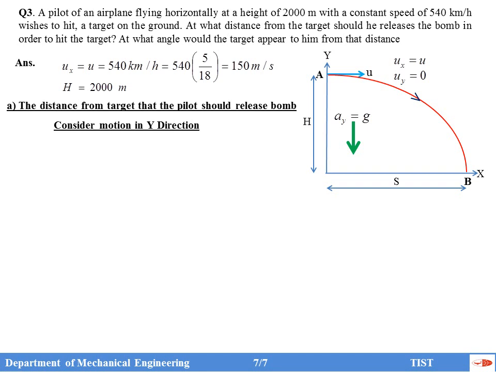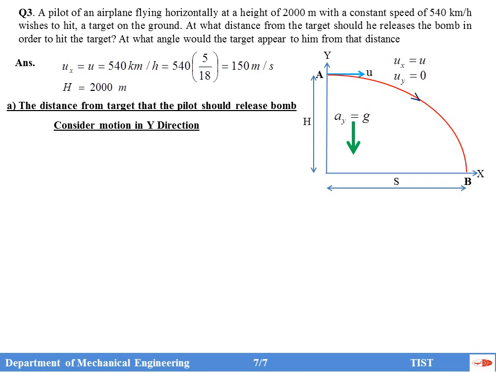If you consider the motion in y direction, why do you need to consider the motion in y direction here? Why can't you use the motion in x direction and find out s? If you consider the motion in x direction, x equal to vx into t, right? vx is always constant, vx is equal to ux, which is 150, but we don't know the value of time, t.